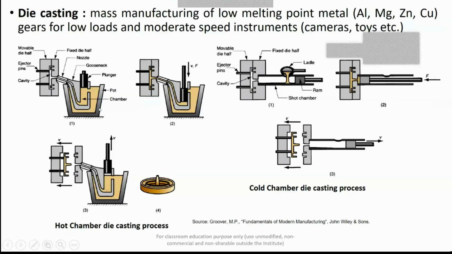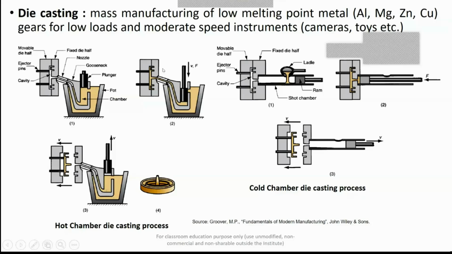In the first case, you see that the dies are in the closed position, and the plunger has moved upward so that it has created a suction in this chamber, which allows the metal to enter. This is the first step.